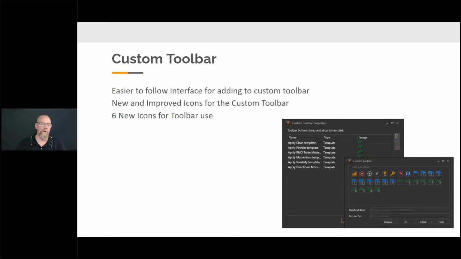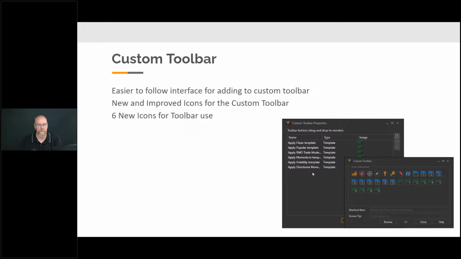The custom toolbar is something that people don't take a big enough advantage of within MetaStock. The custom toolbar typically sits, it is always set along the bottom. It comes with some template buttons that you can click on to automatically apply templates. Now, these easily can be changed to do a multitude of things. They can apply templates of your own design. You can customize this.